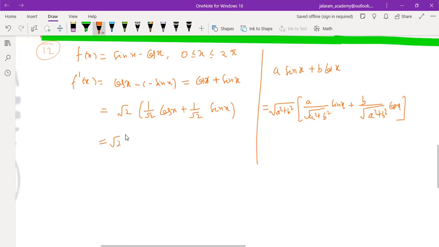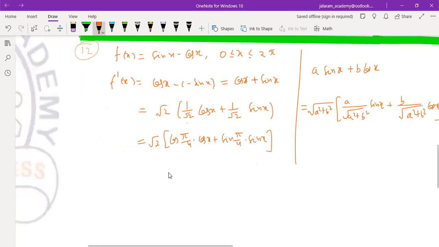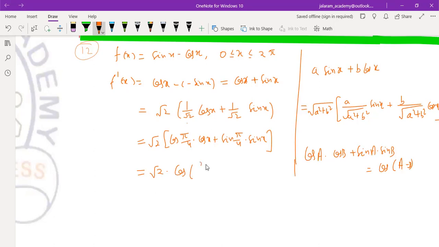So √2 into, now this 1 by √2 is cos pi by 4 into cos x plus sin pi by 4 into sin x. It will acquire the form of cos A cos B plus sin A sin B. And which formula is cos A cos B plus sin A sin B? Cos(A minus B). So this is root 2 cos(A minus B).